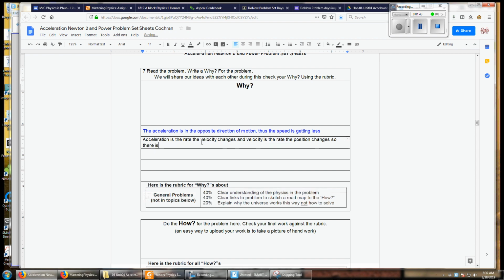So there is a more complex relationship between acceleration and distance than just linear. I think that's about all I need for the y. I think. Sure.